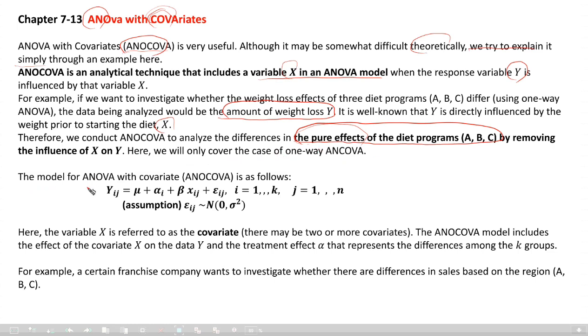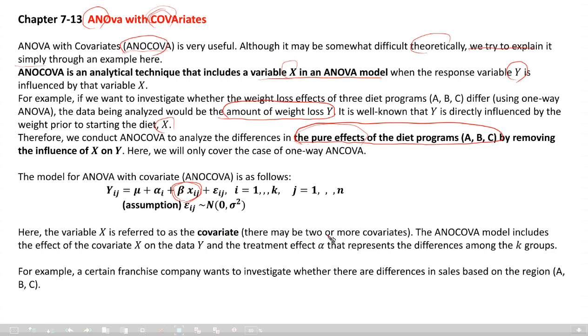The model for ANOVA with the covariate, ANCOVA, is as follows: Yij equals mu plus alpha i plus beta xij plus epsilon ij. X is the covariate. It is the same as before, but this term is added in the ANCOVA model. The variable x is referred to as the covariate.